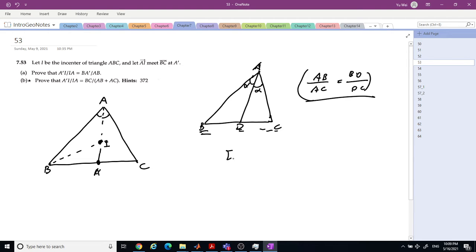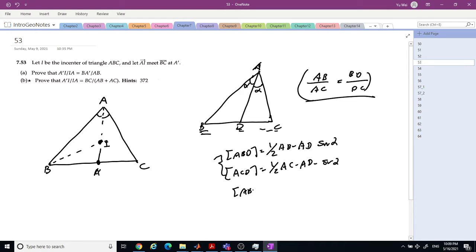The area of triangle ABD is equal to half of AB times AD times sine alpha. Then triangle ACD is half of AC times AD times sine alpha. Then the ratio of ABD over ACD is equal to AB over AC, right?